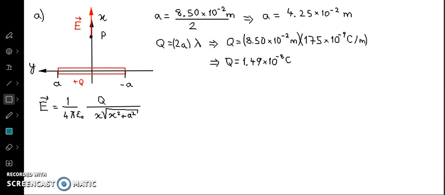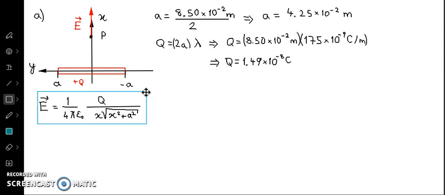So we're going to use the result from example 10, which is the electric field due to a uniformly distributed line of charge at a point at a certain distance x from the middle point of the linear charge distribution. Here's the formula that we are going to use to solve this problem.